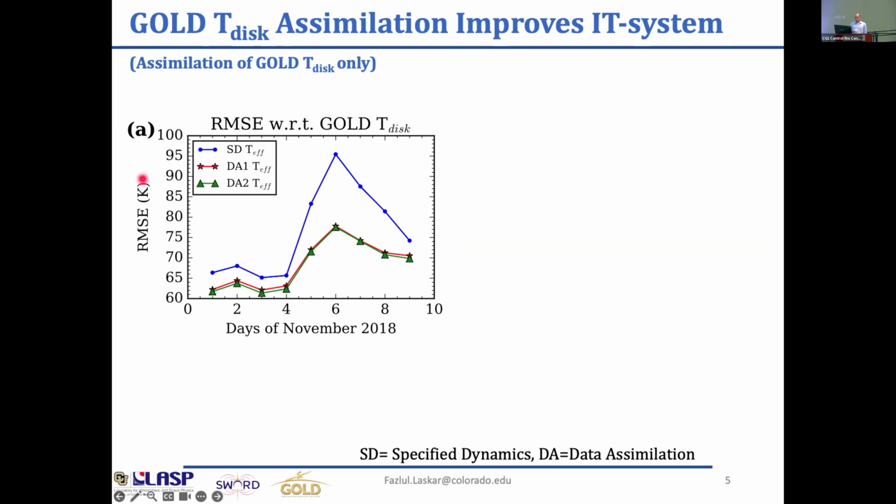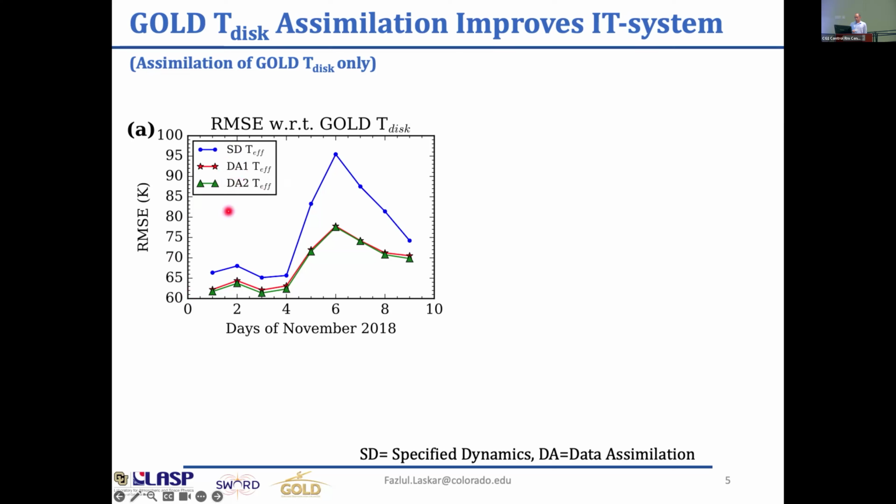And here what I'm showing is RMS errors for about 9 days of assimilation, and RMS errors from 3 different kinds of runs. One is specified dynamics WACCMX, which we know provides the best lower atmospheric constraint.